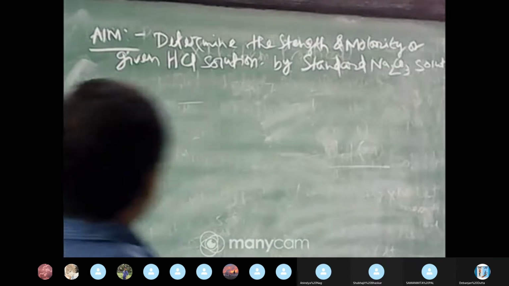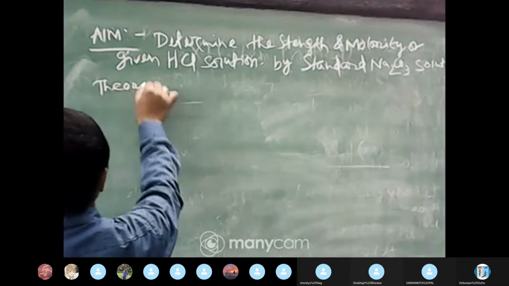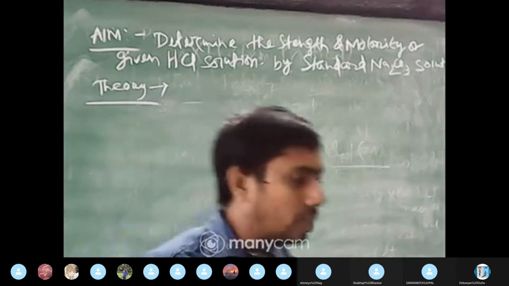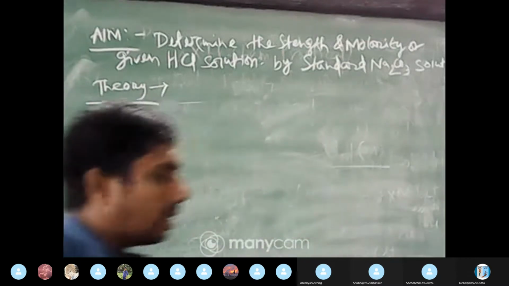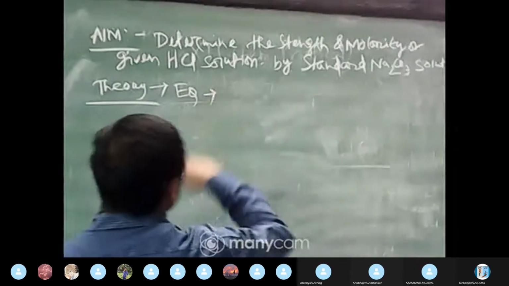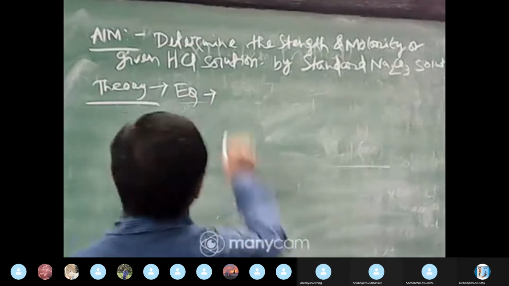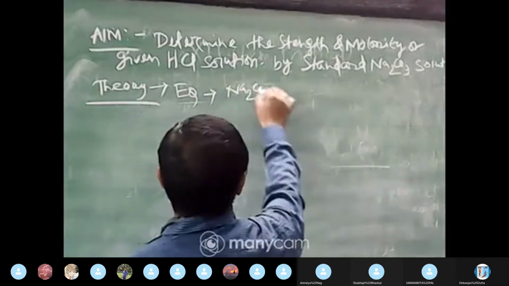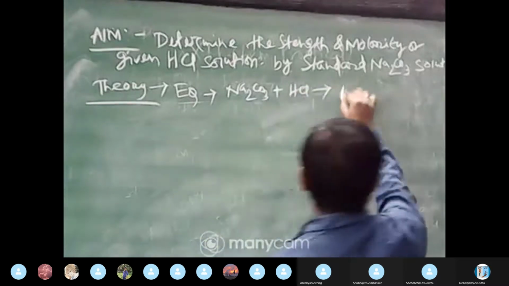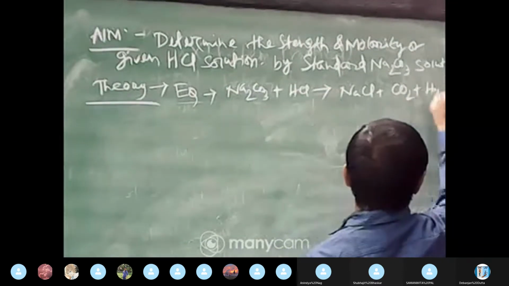After the aim, we have to go with the theory. The theory part must contain the equation involved. The reaction is just an acid-base reaction: sodium carbonate plus HCl gives sodium chloride plus CO2 plus H2O.